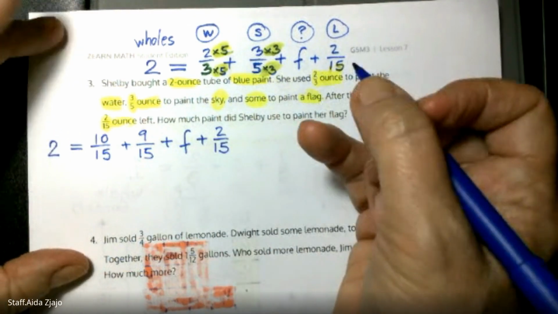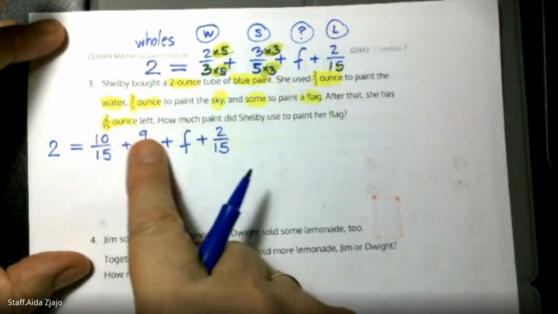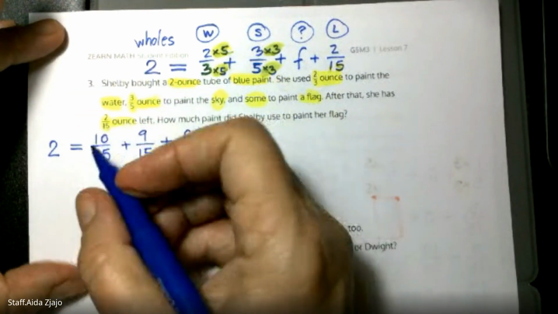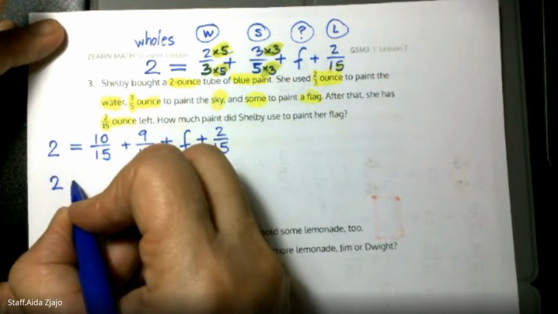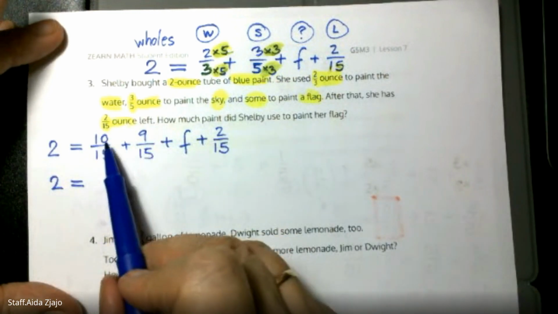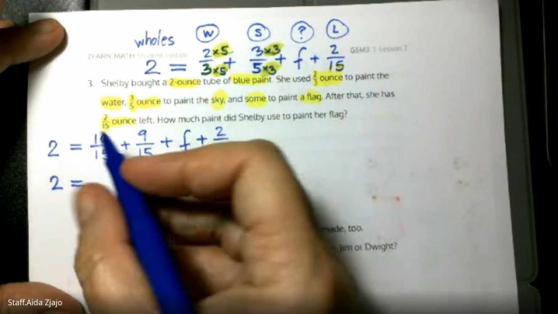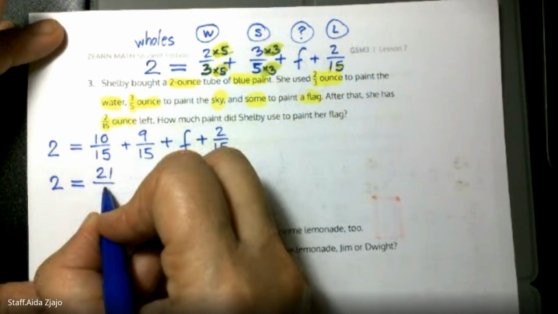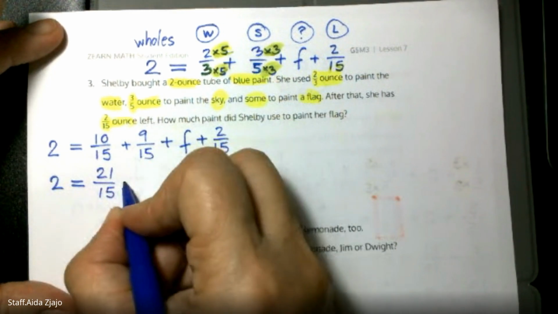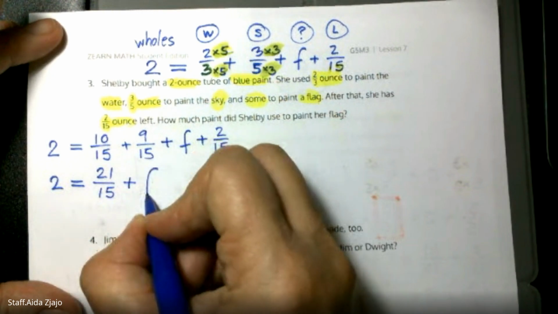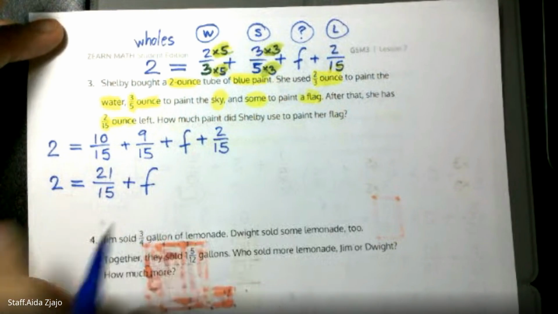Now, when we add all these parts in 15ths, we can say, okay, 2 wholes must equal 10 plus 9 is 19, plus 2 is 21/15 plus F must equal 2 wholes.